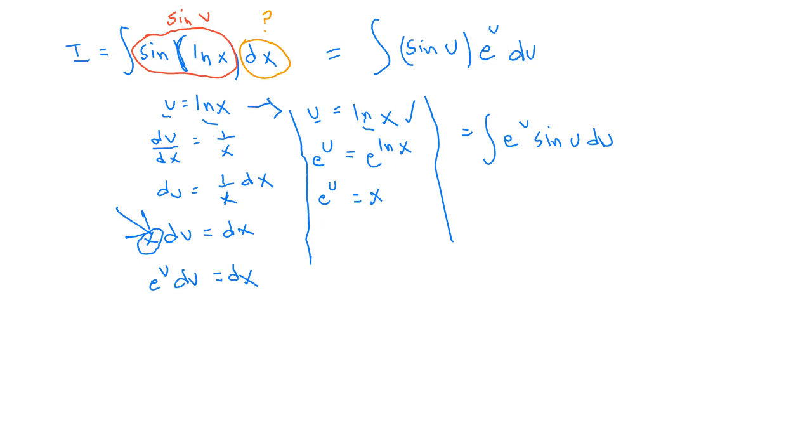If I want to get the x by itself, I have to exponentiate both sides of the equation. And that'll work because e raised to the natural log of x power just equals x. So x would equal e to the u. So that's what I had to do to find out what x is.